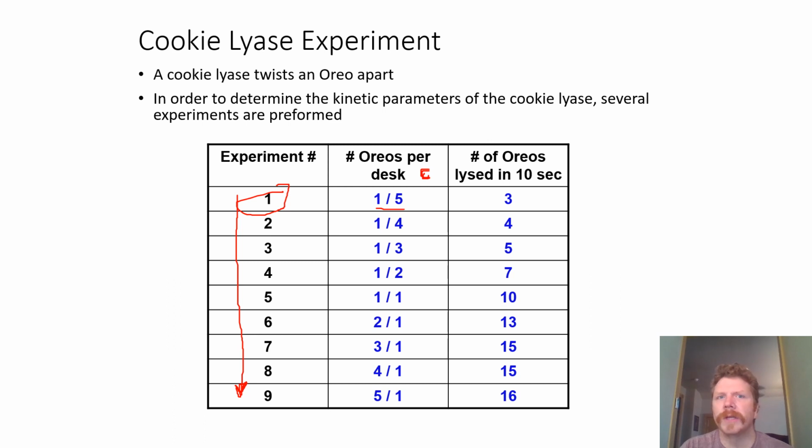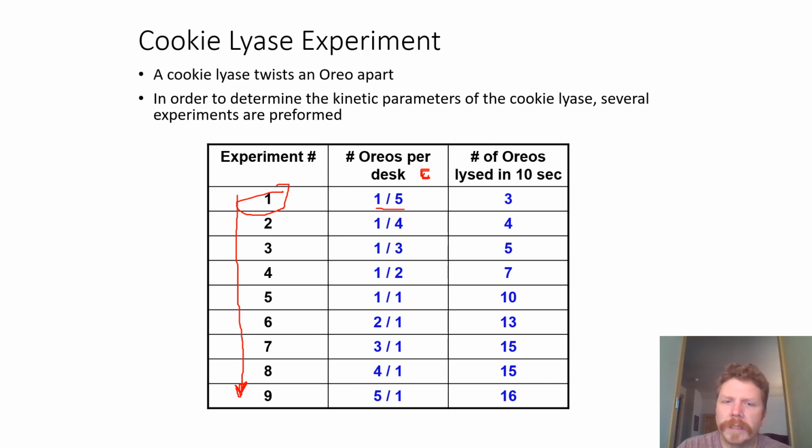If one person was provided with 1 Oreo, they would make that product, and then they'd have to wait for more substrate to be provided. Compared to if you had 5 Oreos to work with, they would do 1, and they'd immediately be able to grab the next one, and do the next, and so on.